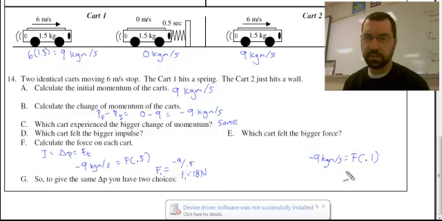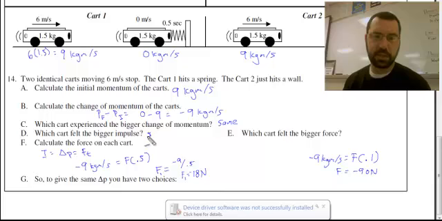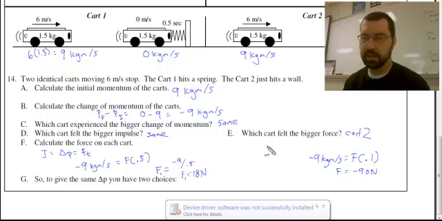Here, if we solve for that, we'll find that the force is equal to negative 90 newtons. Okay, so which cart felt the bigger impulse? Here, it's actually the same impulse, but as far as the bigger force, it was cart 2, because negative 90 newtons is larger than negative 18 as far as the absolute magnitude of that.